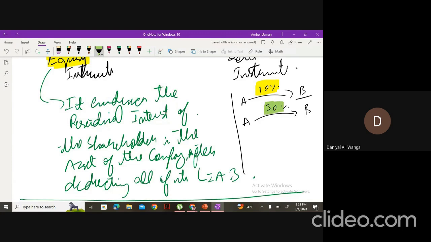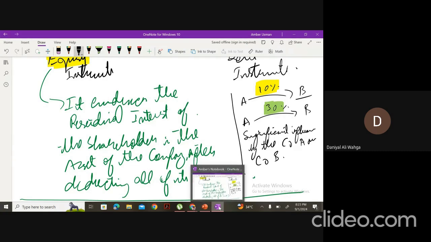If you have acquired 30% of the ordinary shares of company B, that creates a significant influence by company A on company B. Company B will be compelled to offer certain positions to the directors of company A. The simple terminology is that company A has a significant influence over them, so they will be able to participate in the decision making process. They will have a certain representation on the board of directors.